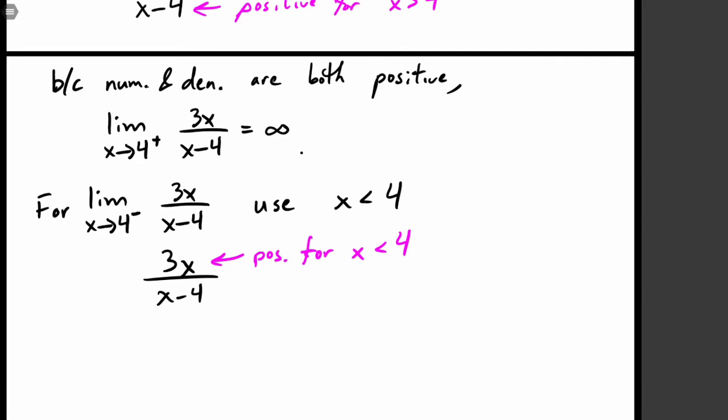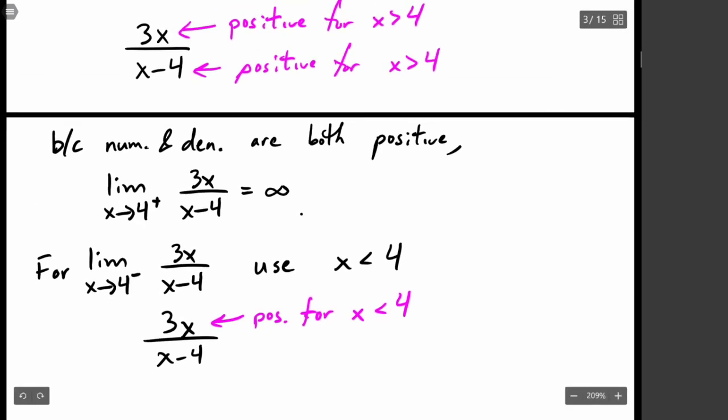Now I should say, we're trying to look at values close to 4, because like -2 is less than 4, and that would make the top negative, of course. Anytime we're looking for limits going to a specific number, we're always trying to think of numbers really close to that.